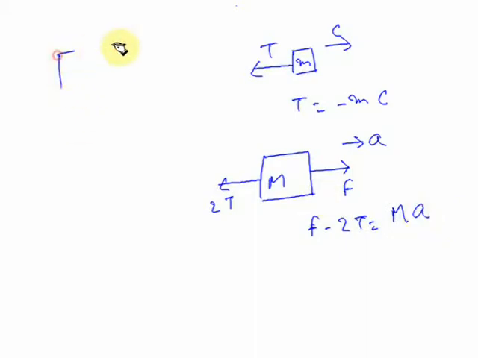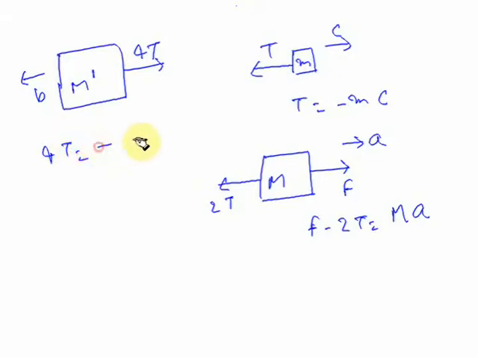And for the block of mass capital M dash, the net force acting on it was 4T and its acceleration was b, so we can write 4T is equal to minus M dash b. Here again the direction of net force and the acceleration are opposite to each other, so we have added a minus sign here. So these are the three equations of motion.